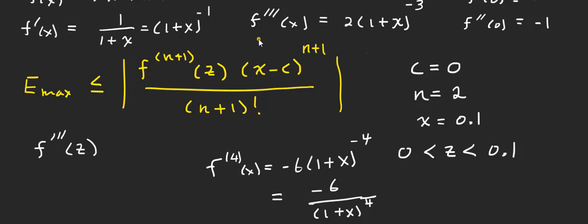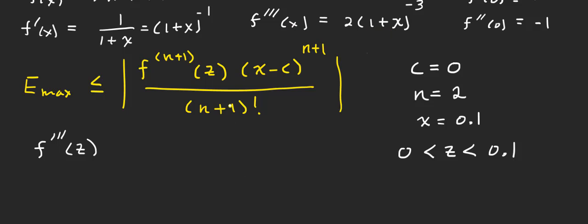The fourth derivative will be this right here, which is the derivative of the third derivative. And notice, the derivative of this is always negative, especially when x is from 0 to 0.1. Since the derivative of the third derivative is always negative, you could tell that this is a decreasing function.